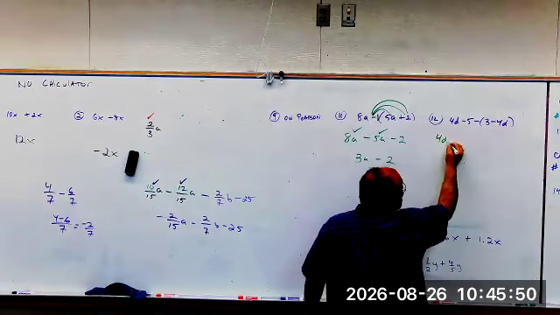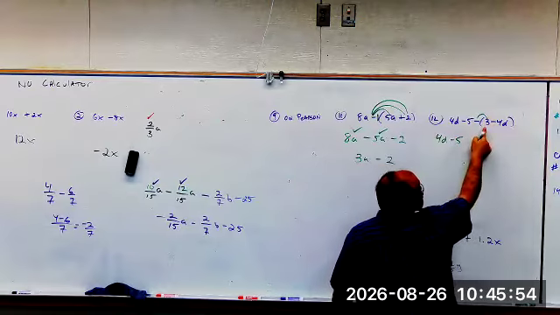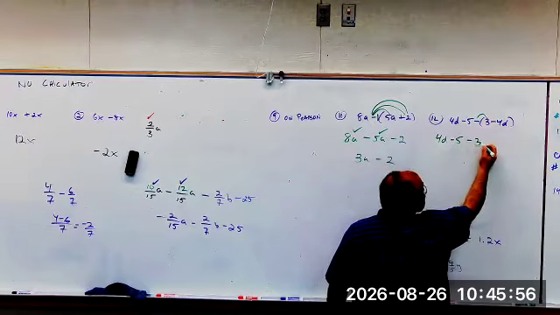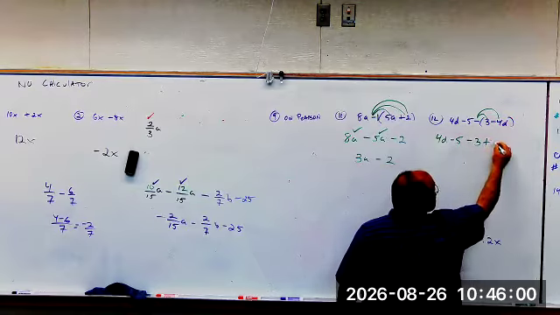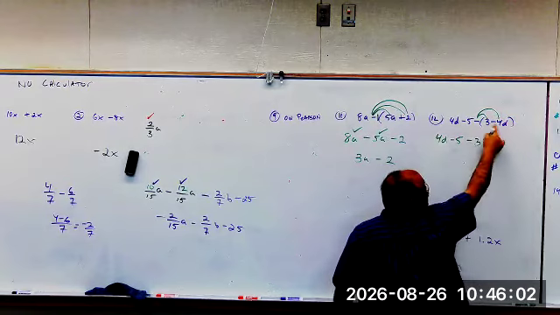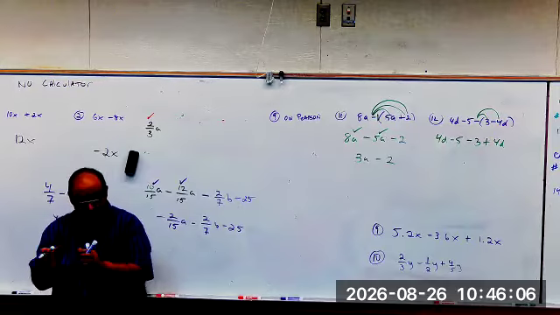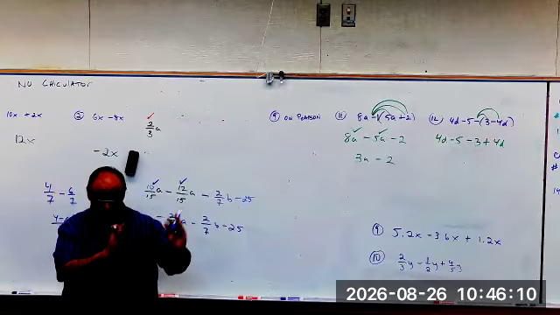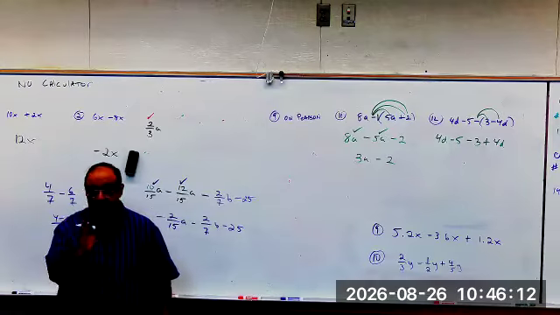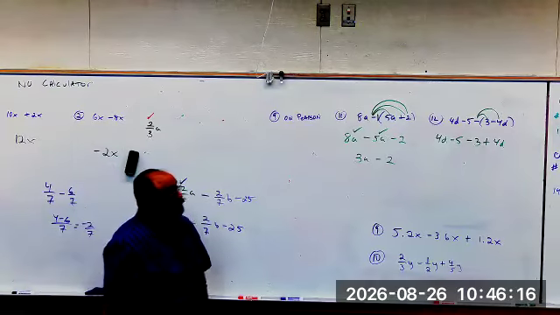So this is 4D minus 5. A negative times a +3, that's now -3. A negative times a -4D, that's now +4D. Those two signs are going to change. When you have a negative in front of a parenthesis, when you subtract, it's going to change the signs of everything on the inside because of the distributive property.